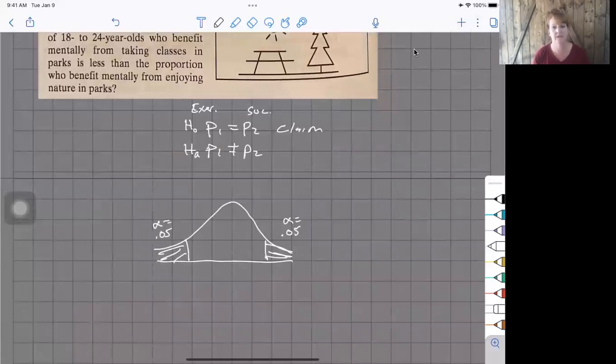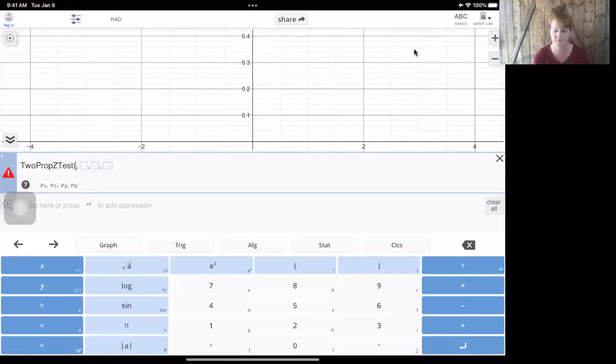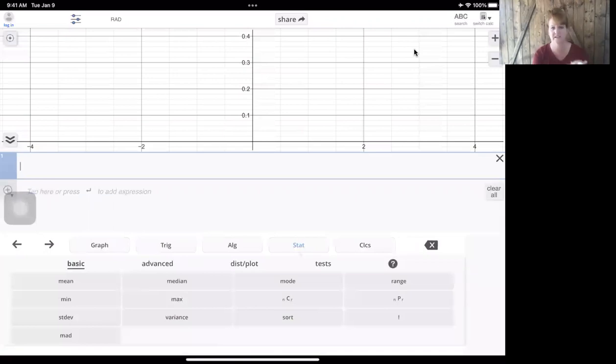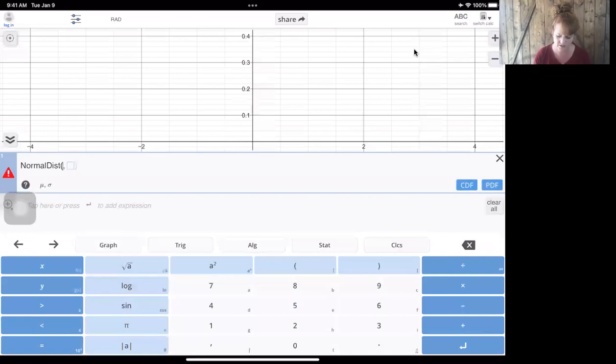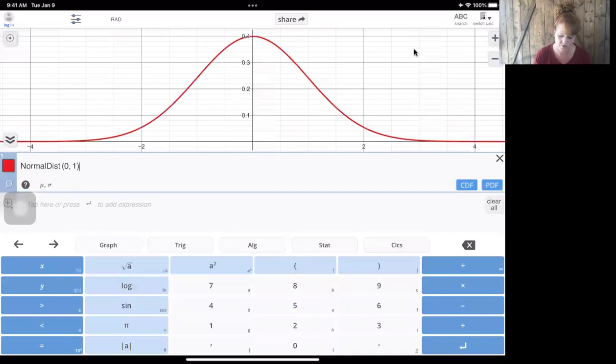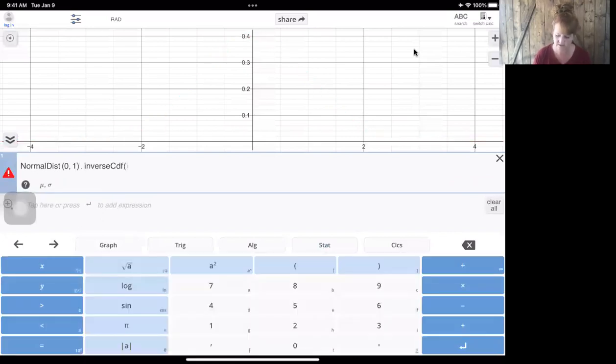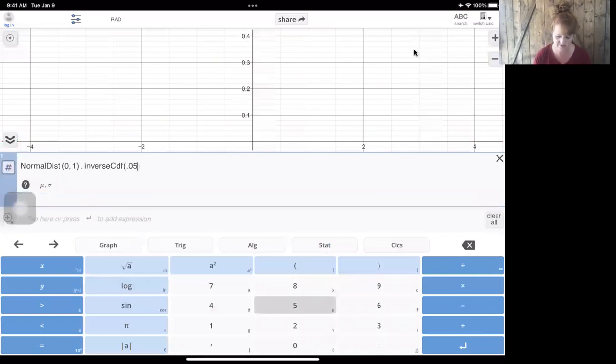We can find a critical point if you'd like. We can do an inverse norm with an area of 0.05. For my TI people, that's the inverse norm in your distribution menu. Or if you're on ClassCalc, we're going to go to distribution plot, a normal distribution of 0 and 1, and then tack on our dot inverse CDF, and our area is 0.05.